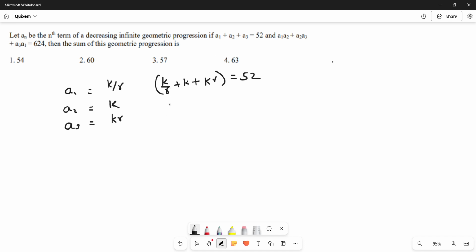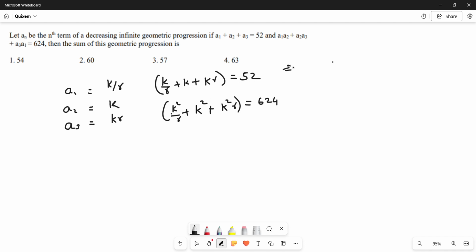Now let's substitute these things in the second equation. Substituting will give us k square by r plus k square plus k square r, and this is equal to 624. Now if you look at this, we have some common terms, and we can take that off.